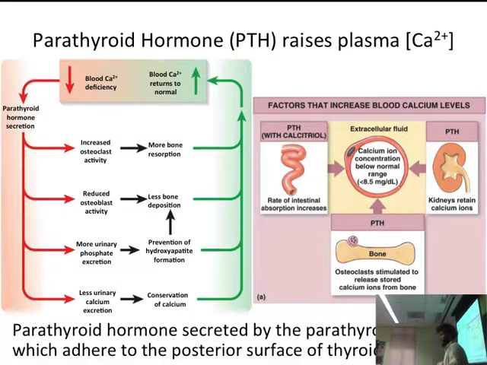What do you think it's going to do to the kidneys? Is it going to increase excretion or decrease excretion? Decrease excretion. And what do you think parathyroid hormone is going to do to the bones? Is it going to stimulate osteoclasts or inhibit osteoclasts? Osteoclasts being the things that break bone down.